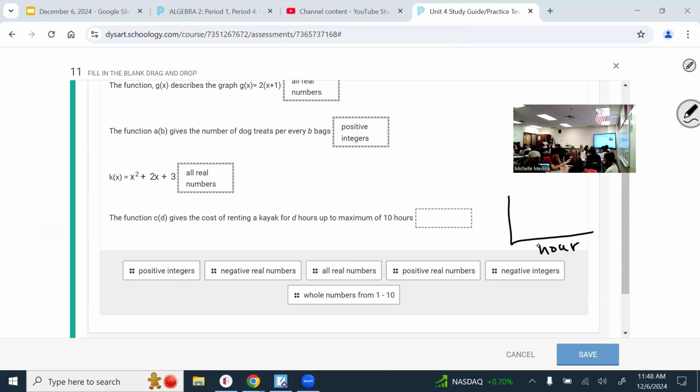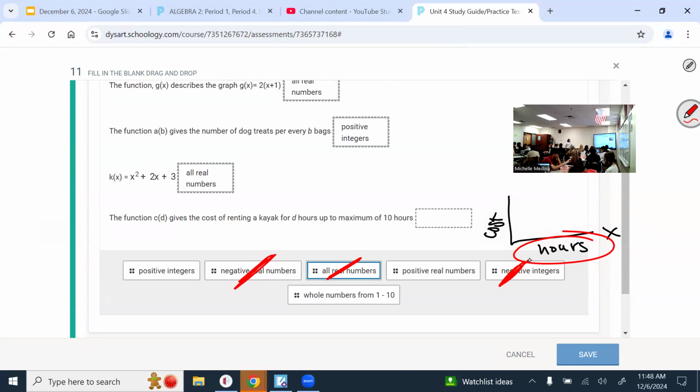If I were to graph this, this is how the graph would be labeled. And it's only asking about the domain. So that's why I want to make that distinction. We're talking about what the possible number of hours could be. Could I have any negative hours? So then cross out all the ones that allow negatives or say negatives specifically, because it can't be that.